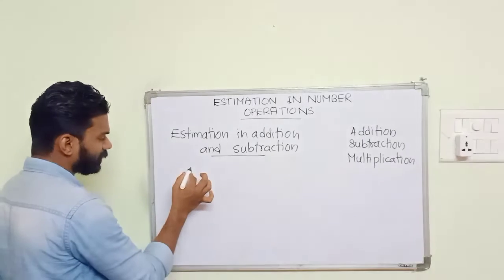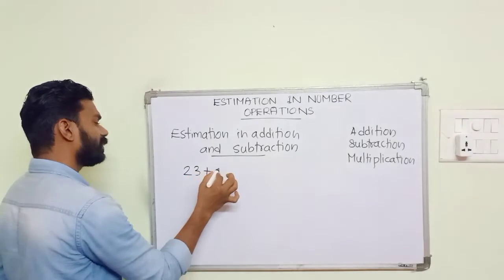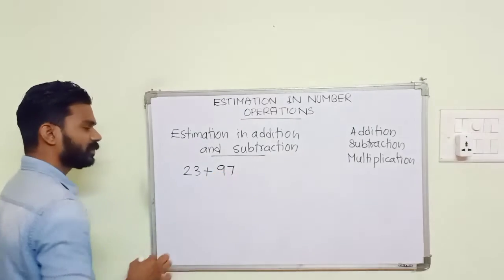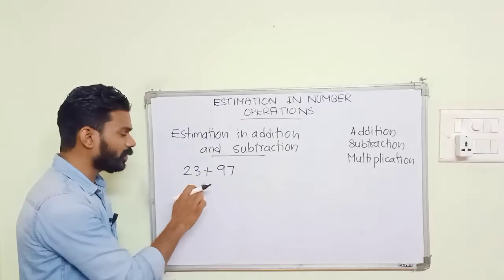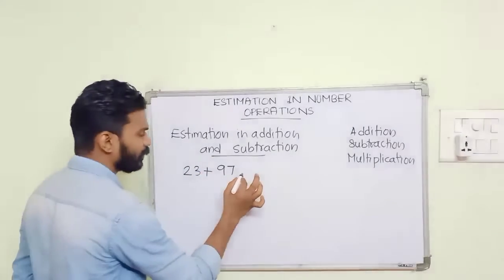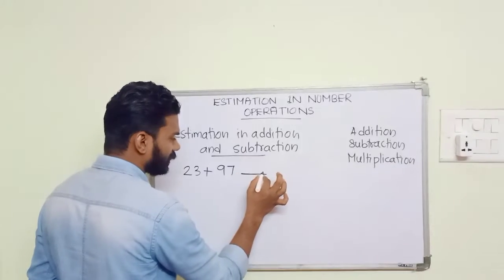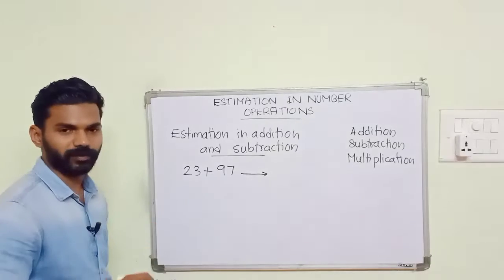For example, first of all, I am considering 23 plus 97. This has to be found, but we don't want to find the actual sum. We only need to find the estimated sum. In order to show the estimated sum, first of all I would like to put an arrow mark.